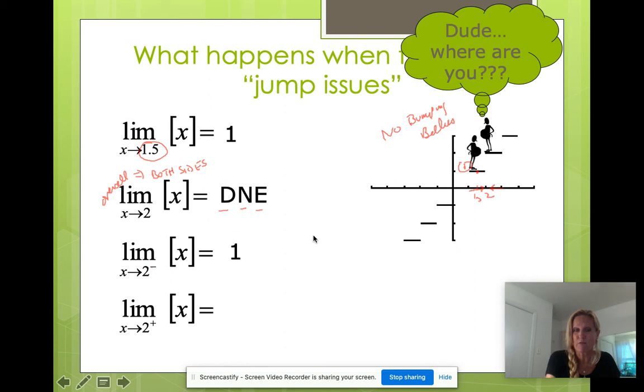What is the level of range walker 2 as you approach 2 from the right, like 2.01 and 2.0001? That level is 2. Now notice the relationship between the left limit and the right limit: the left range walker is at a level of 1. The right range walker is at a level of 2. Those are not the same level.